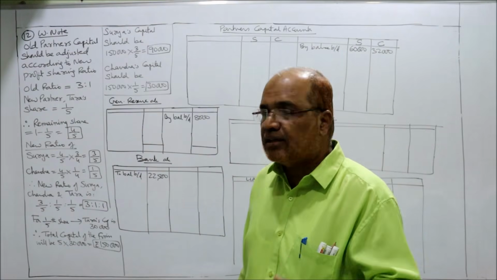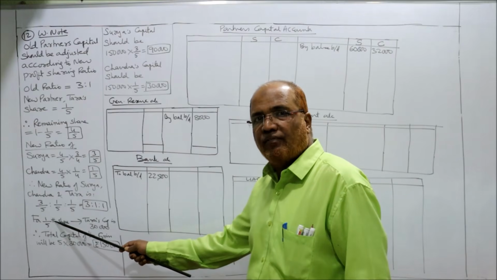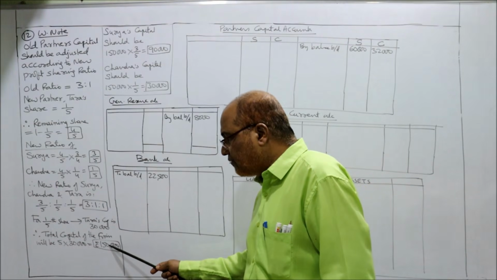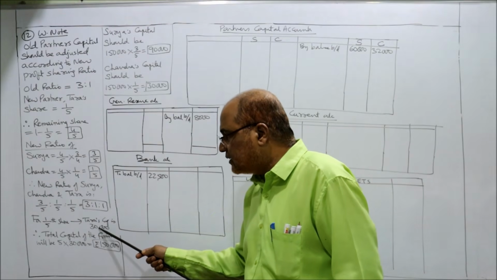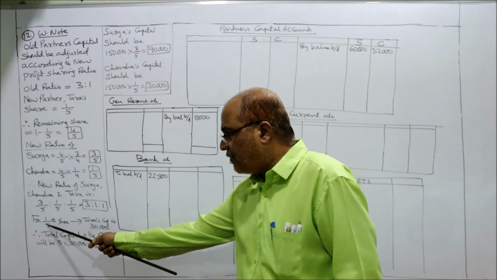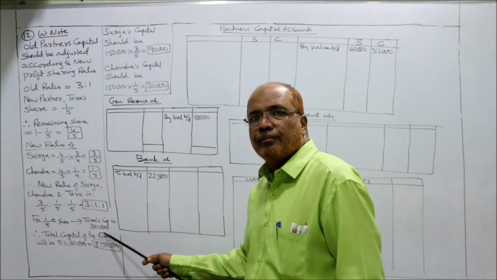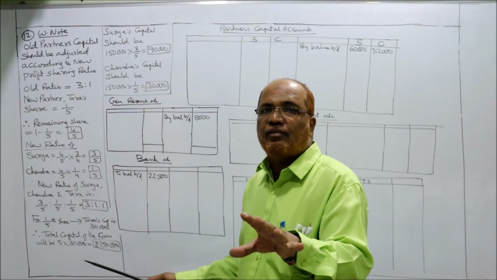Now we can confirm. Tara's share is 1/5, so the total capital is 1,50,000. Calculate 1/5 of 1,50,000, you will get 30,000, right? So now the total firm's capital is 1,50,000.